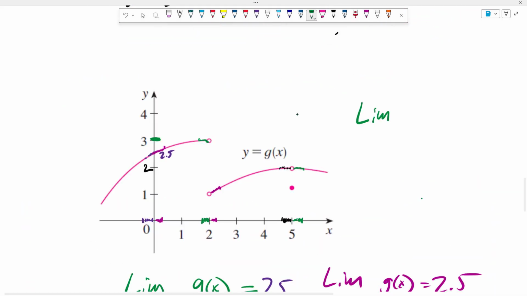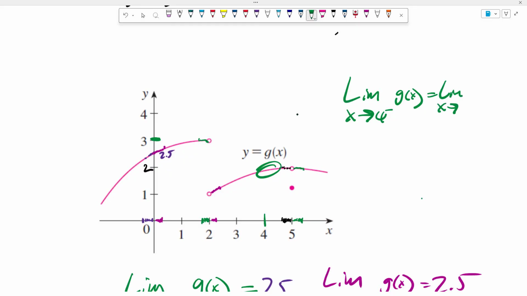Like at 4 here, it's definitely continuous there. So the limit as x approaches 4 from the left is going to equal the limit as x approaches 4 from the right. It's going to equal the limit as x approaches 4.